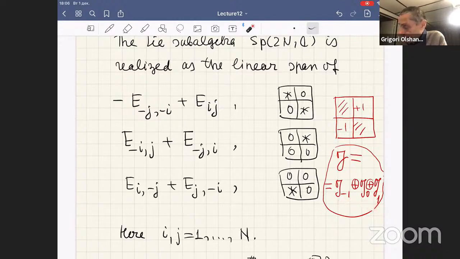So if you take the Lie product of an element from the -1 component and the +1 component, we get some element from the 0 component, which is quite natural: if you take some Lie commutator of an element of such a type and such a type, we get something of such a type.